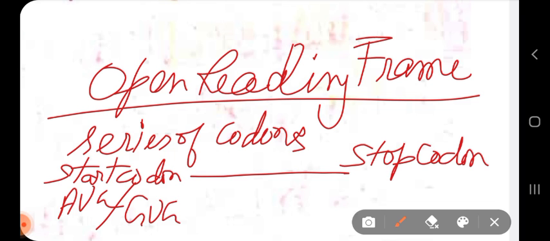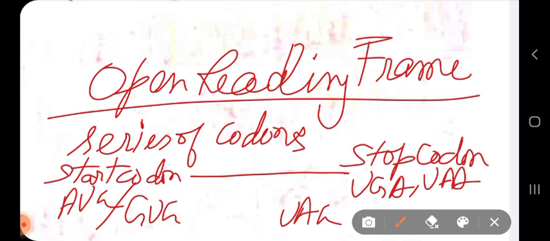And the stop codons are UGA, UAA, and UAG. These codons represent the stop codon. So this series of codons from start to stop codon is called an open reading frame.